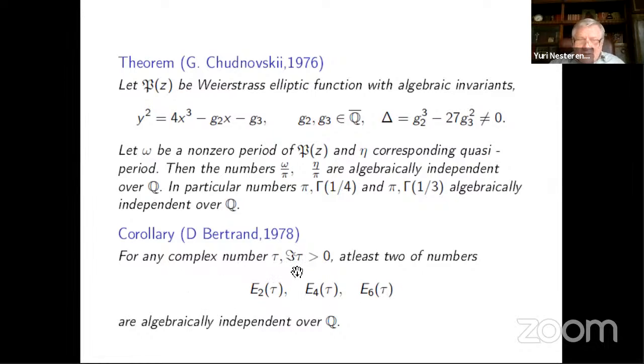For any complex number tau in the upper half plane, at least two of the numbers are algebraically independent over the field of rationals. So there are two numbers in the Chudnovsky theorem and two numbers in values of Eisenstein series. This is because of some connections between these two sets of numbers.